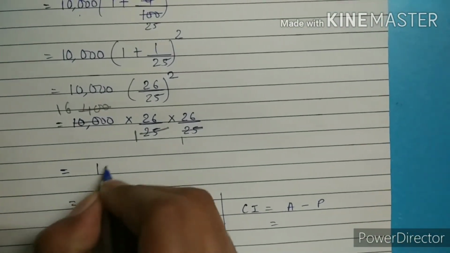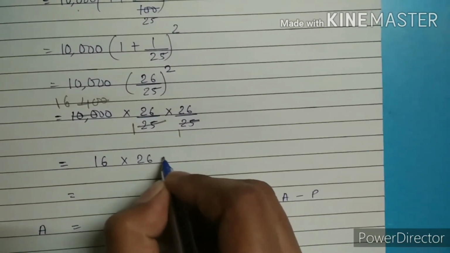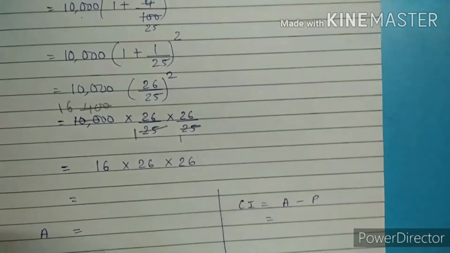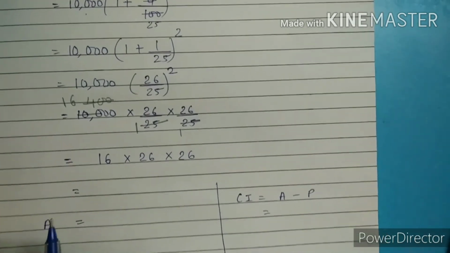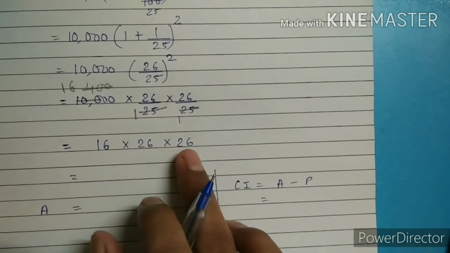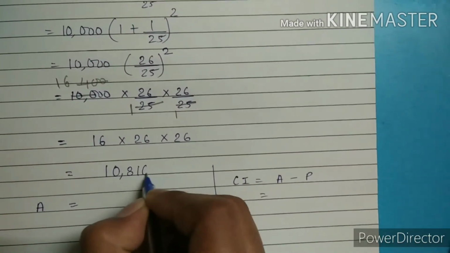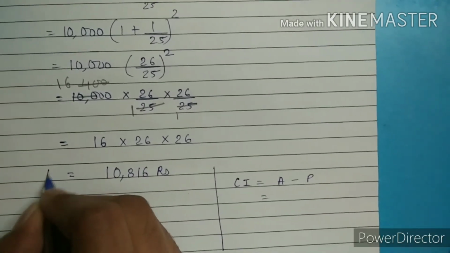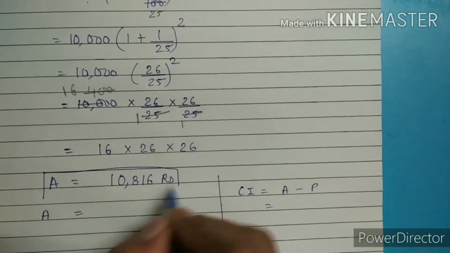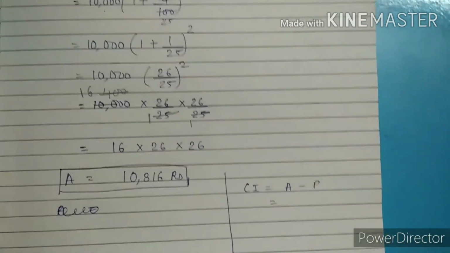We have 16 into 26 multiplied by 26. This thing will remain here the same. So when we multiply 16 into 26 into 26, it will give 10,816 rupees. So this is our amount for the E question.